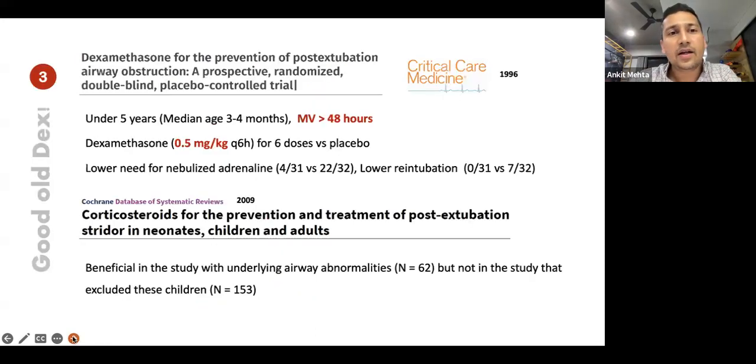So this was one of the papers which you might have seen, you might have read in Critical Care Medicine. And I think Dr. Arun Bansal from PGI has also done a lot of research in this.